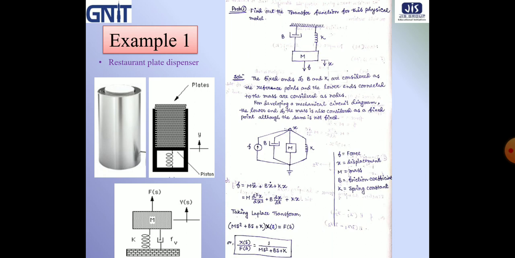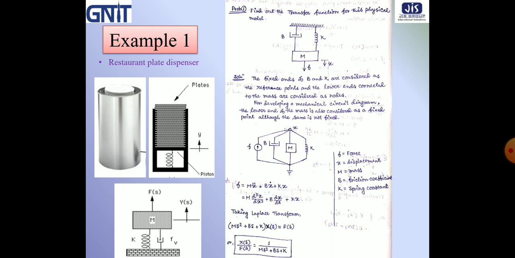In this mechanical system, what is the output and what is the input? Here we apply force, and that is why displacement occurs. So displacement is the output, and the force applied as excitation is the input.